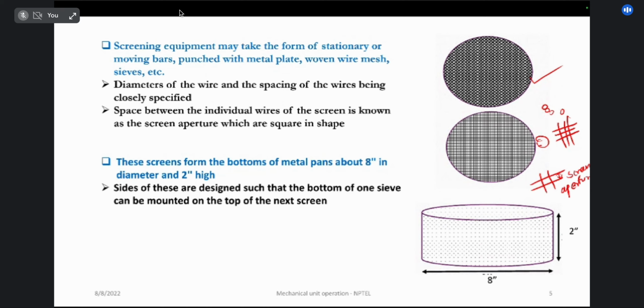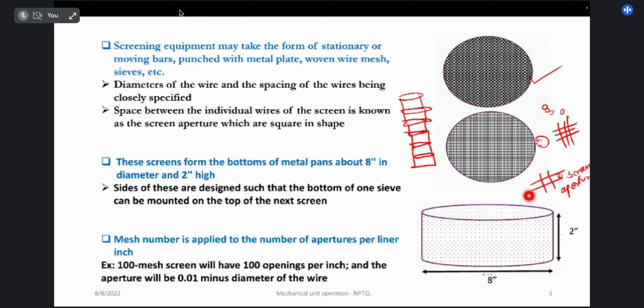So at the end we fix the screens one above another in decreasing size manner. At the bottom there is a pan, and you get the fine particles there, and above it all are the coarse particles.